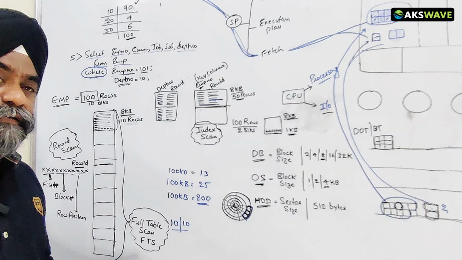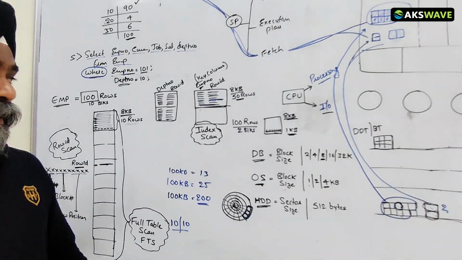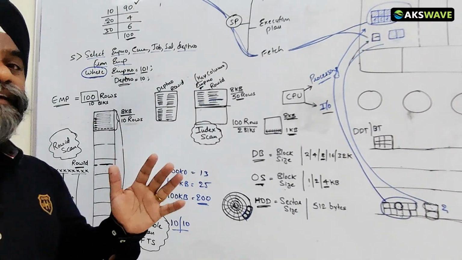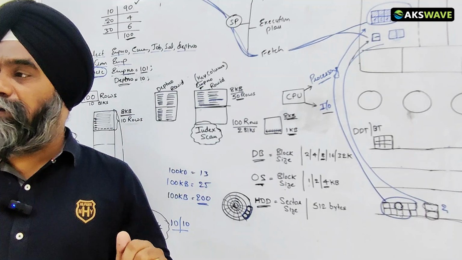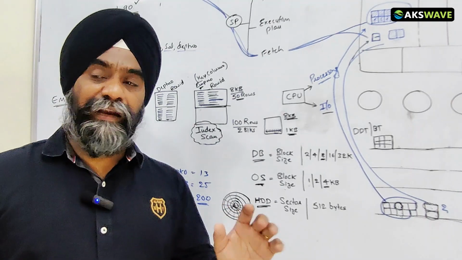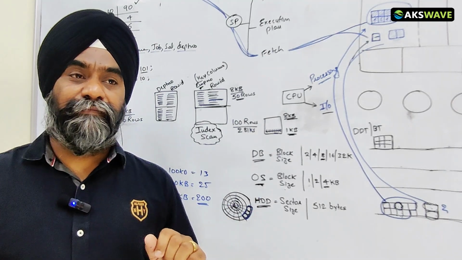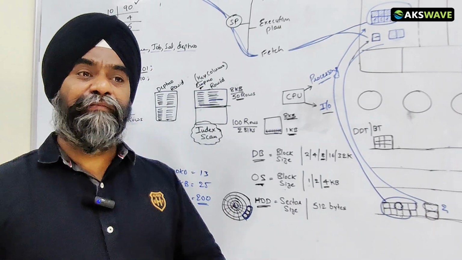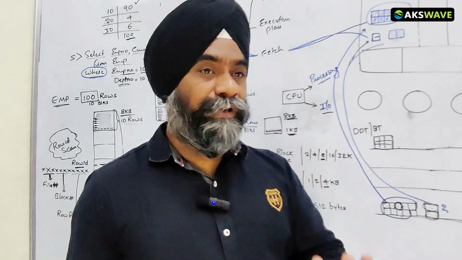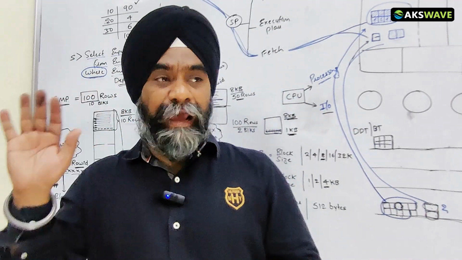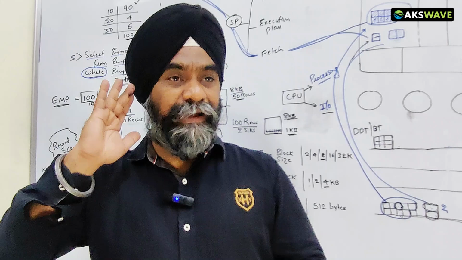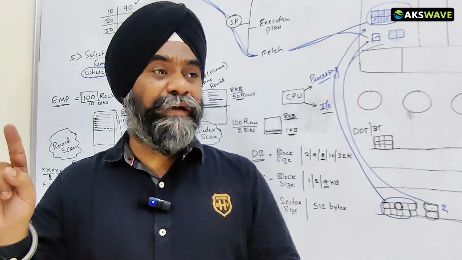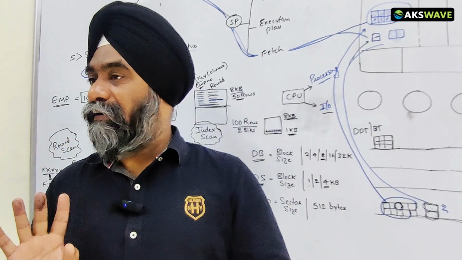So what I'm understanding is, having an index doesn't mean that you should always use index, right? No, we need to calculate, put our brain, understand which one is good and better and use that method.